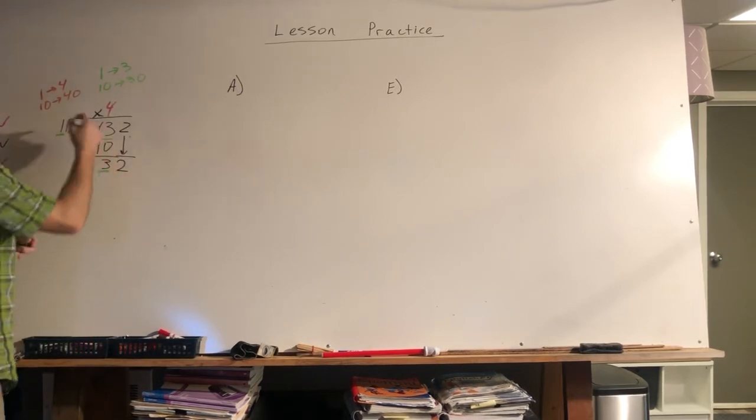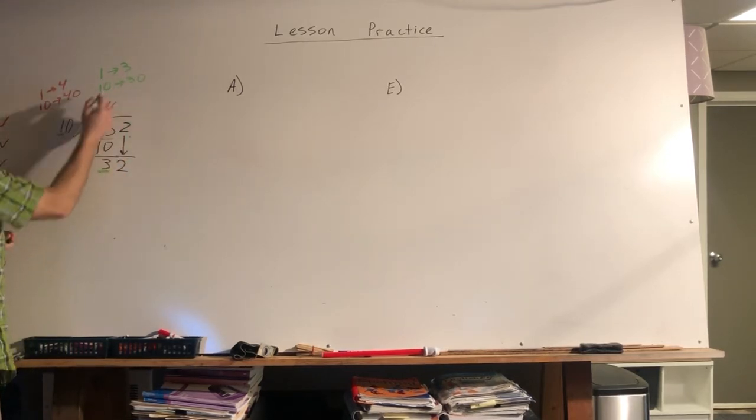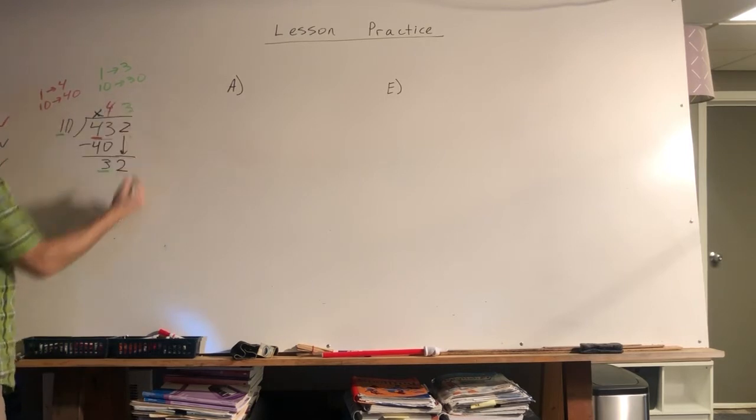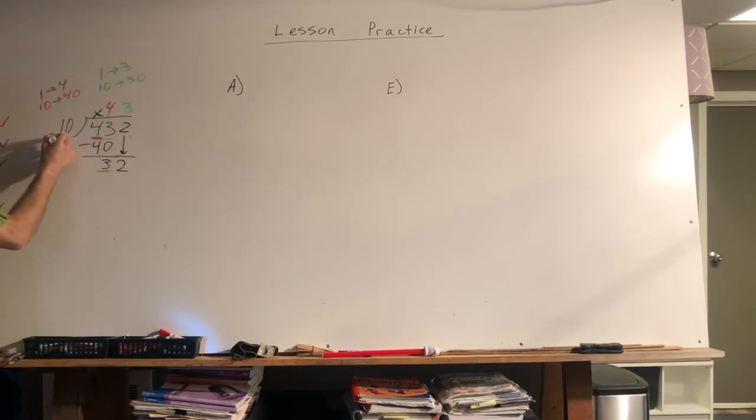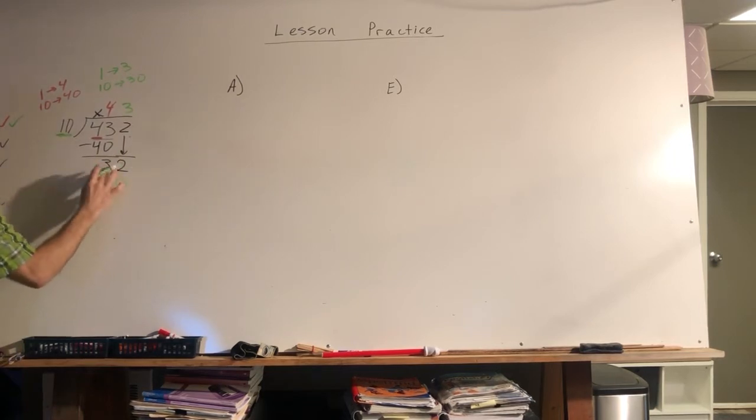So, how many times does 1 go into 3? 3 times. So, now we do the whole thing though, 10, so that's divide. Now we go to multiply. 10 times my new number, 3, is 30.